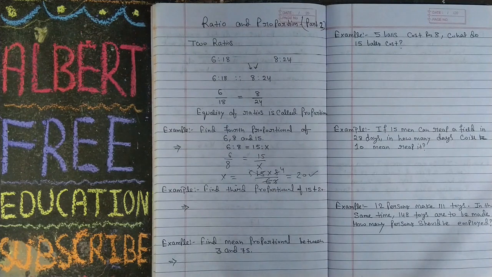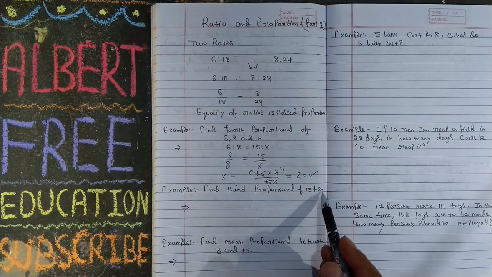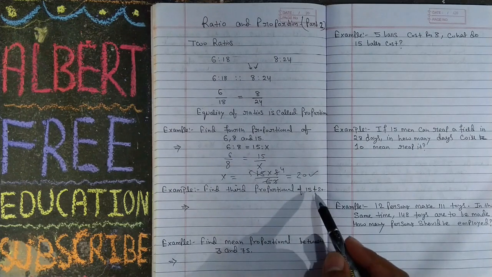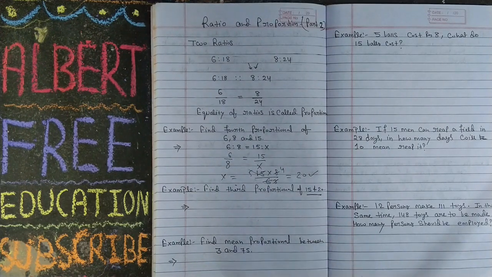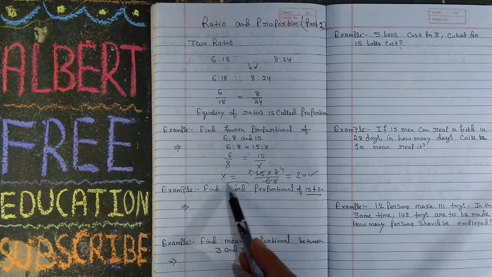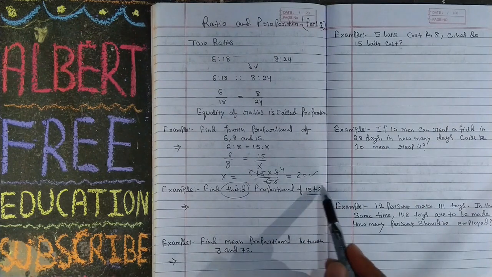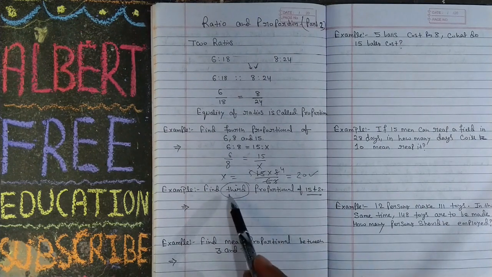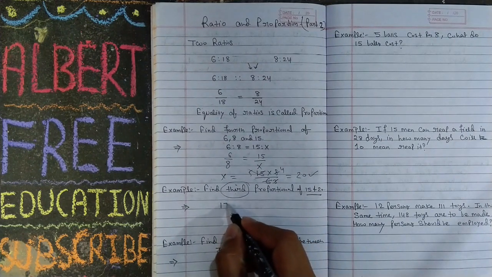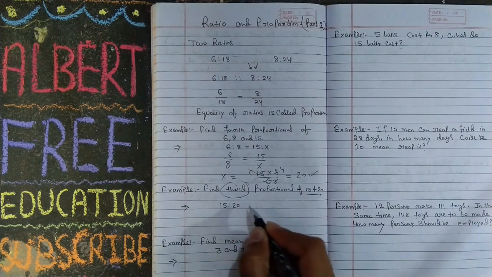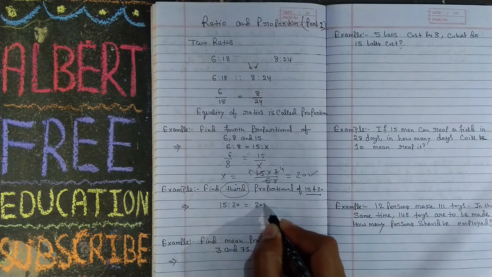Now the second question: find the third proportional of 15 and 20. Now he has given you only two values, 15 and 20, and he is asking for the third proportional. Don't confuse this with the previous one. There he gave three values, but here he has given only two values. So in this question you will write 15:20 is equal to 20:x.